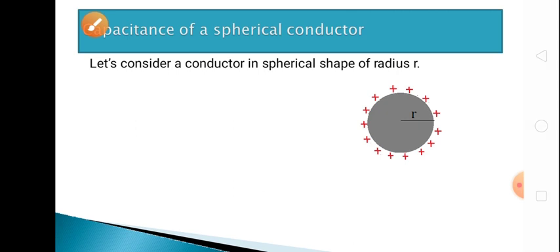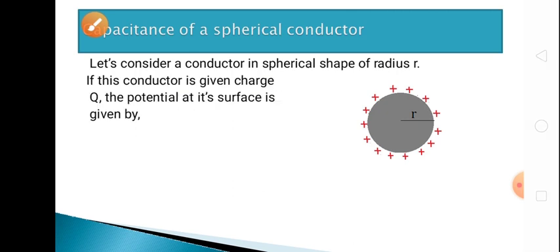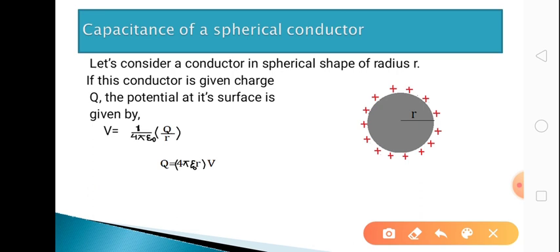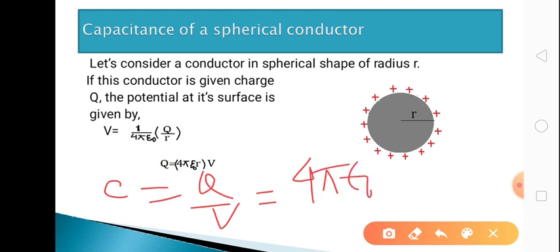Let's find it again. If the conductor is given Q charge, then the potential on its surface is 1 by 4 pi epsilon naught Q by r. So Q is equal to 4 pi epsilon naught r into V. C is equal to Q by V. You can put the value: 4 pi epsilon naught r into V divided by V. This V cancels.